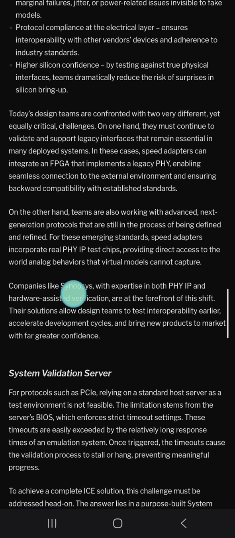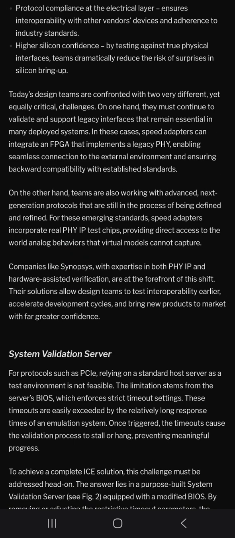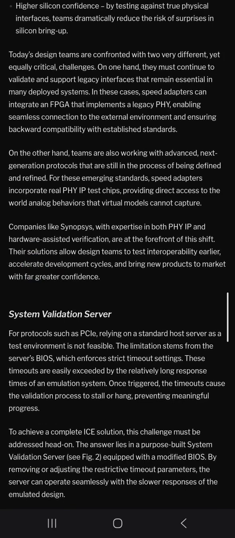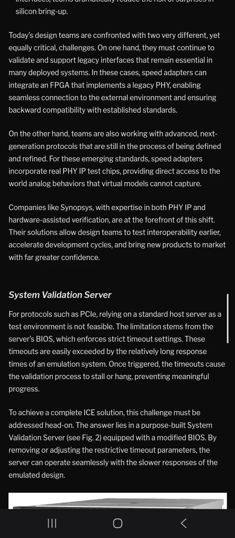The system validation server. For protocols such as PCIe, relying on a standard host server test environment is not feasible. This limitation stems from the server's BIOS, which enforces strict timing settings.